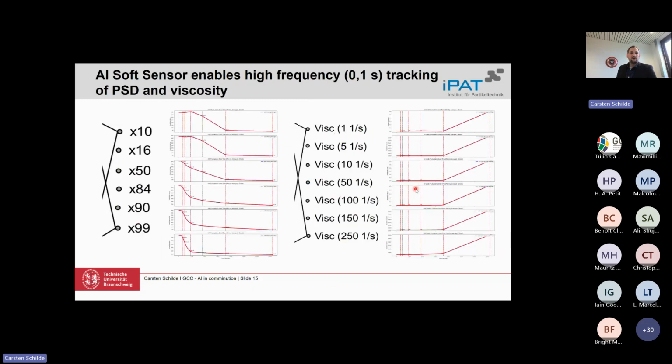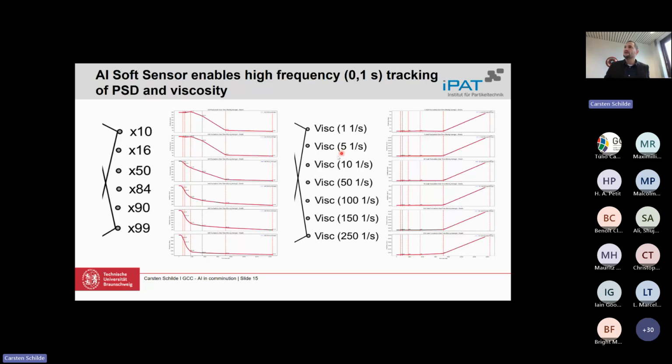And how well it works is seen here. The red line and the dark black line are lying on top of each other. It's hard to tell the difference between these two lines. So I think we are doing well with our transfer function coming from the soft sensors to the real-time viscosities and particle sizes.